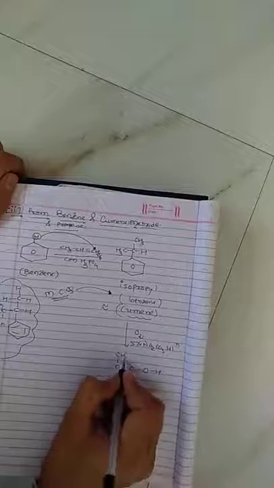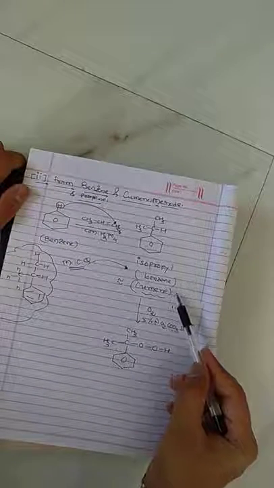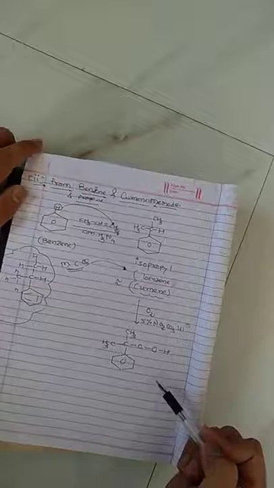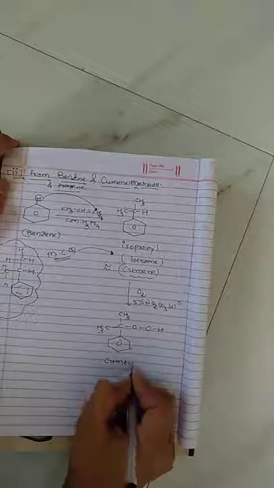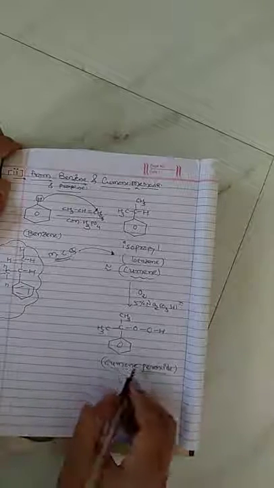So we get a structure like this: CH3 with benzene. The earlier one is called cumene, and the next one is called cumene peroxide. So we will write the name of this structure. It is cumene peroxide.